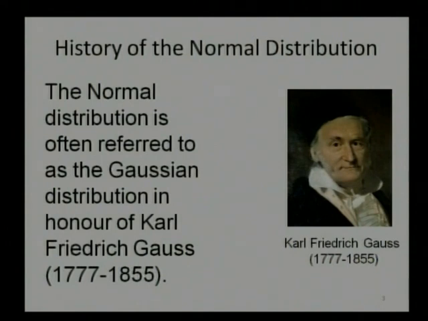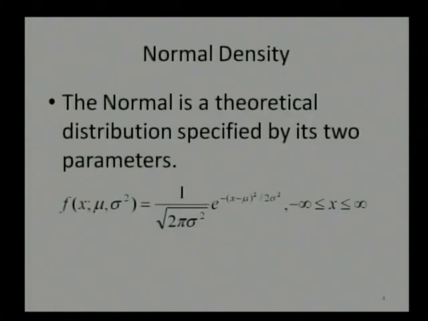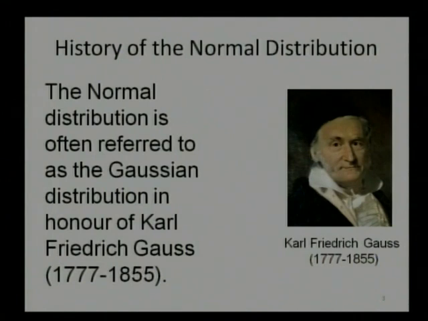The normal distribution is often referred to as the Gaussian distribution in honor of Carl Friedrich Gauss. This fellow studied the distribution of errors, so that's why the normal distribution is also called a distribution of error, which we will see in one activity afterwards.